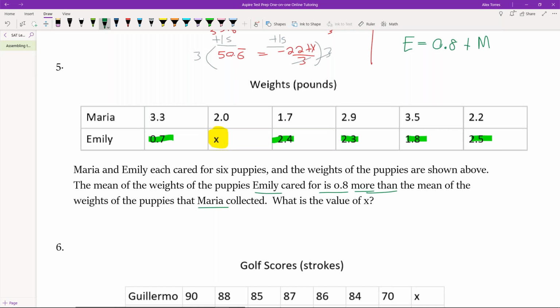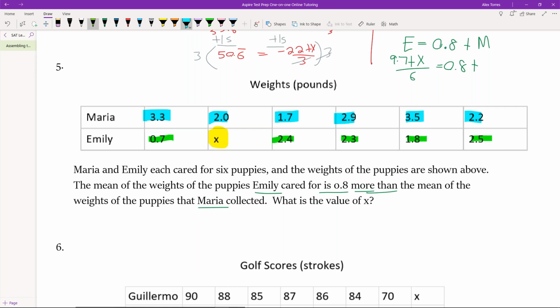So now we can fill in the sum of all of the green numbers is 9.7 plus the unknown one, and we're dividing by 6, equals 0.8 plus, and the sum of all these blue numbers is 15.6.